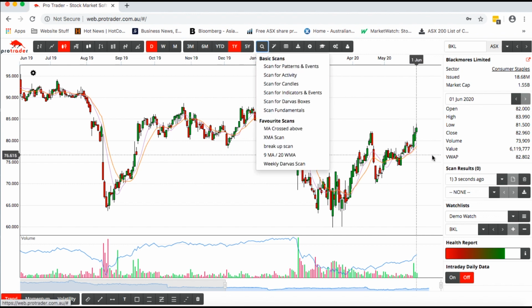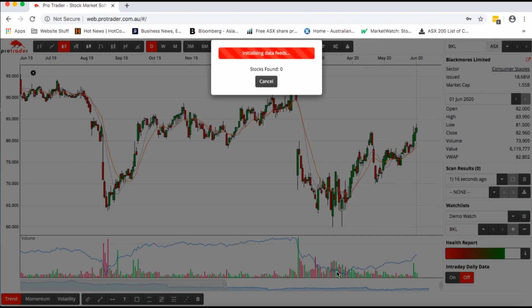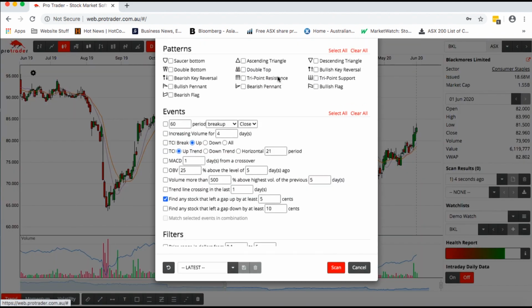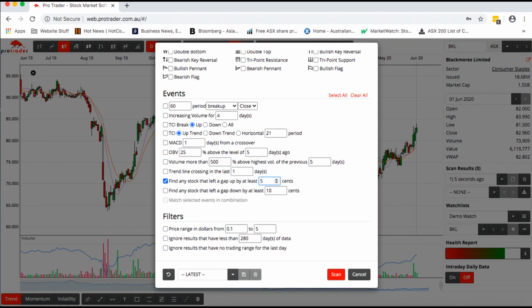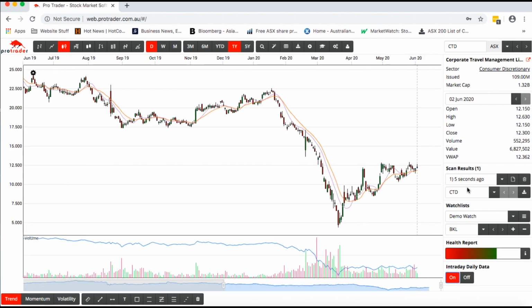And that's another thing: if a scan comes up with 0, it doesn't mean it's not working. It just means that there weren't any stocks that met that criteria. So let's see if we can go down to 5 cents. Still got nothing there. Okay, so let's go for 3 cents. So we've got one stock today that has gapped up, and there it is.